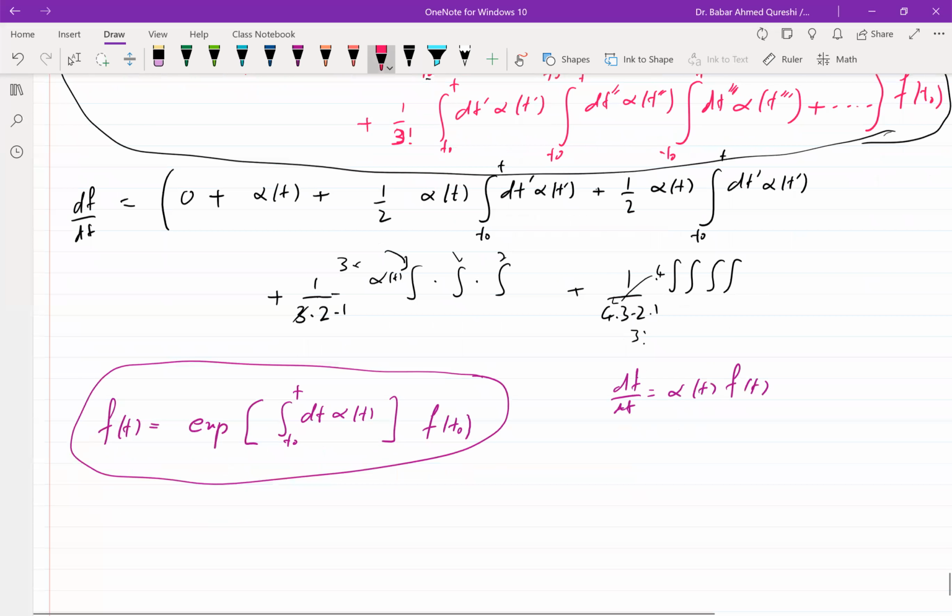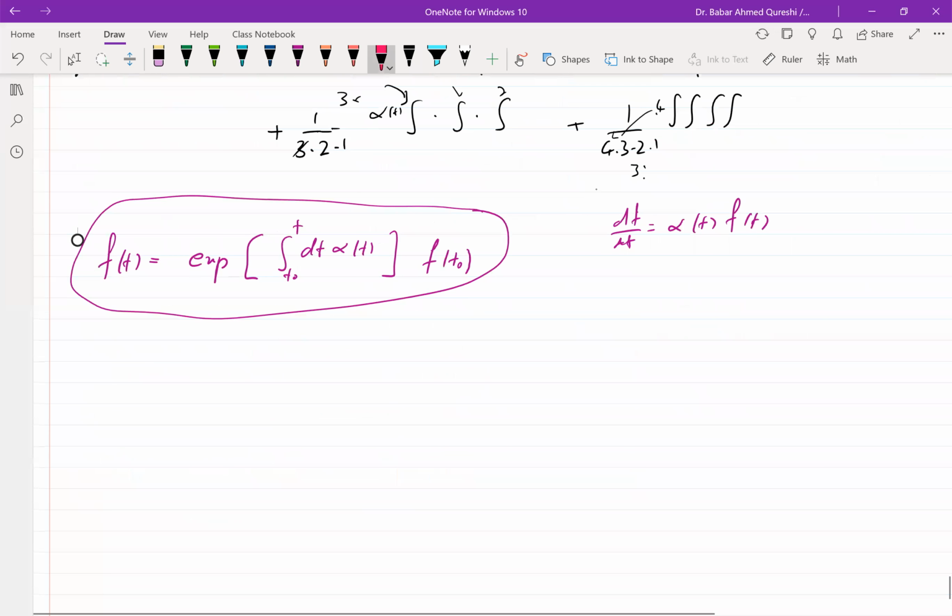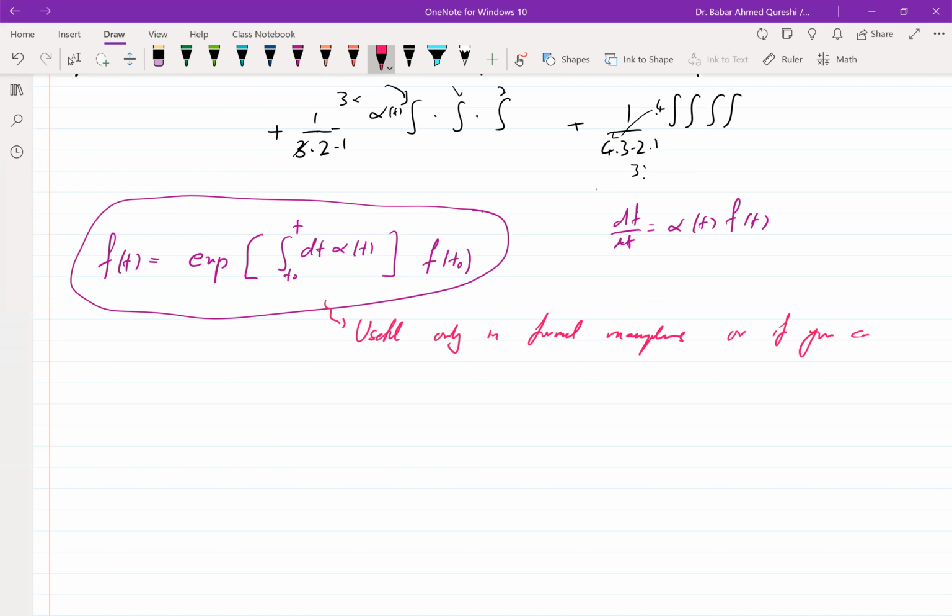This kind of solution, and again, this is useful only in formal manipulation, or if you can expand in some small parameter.